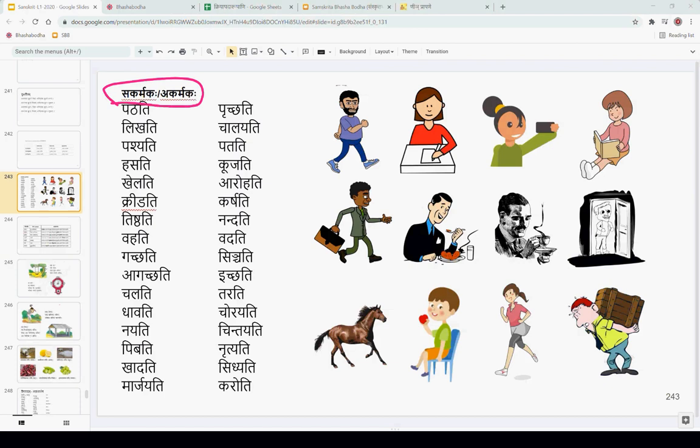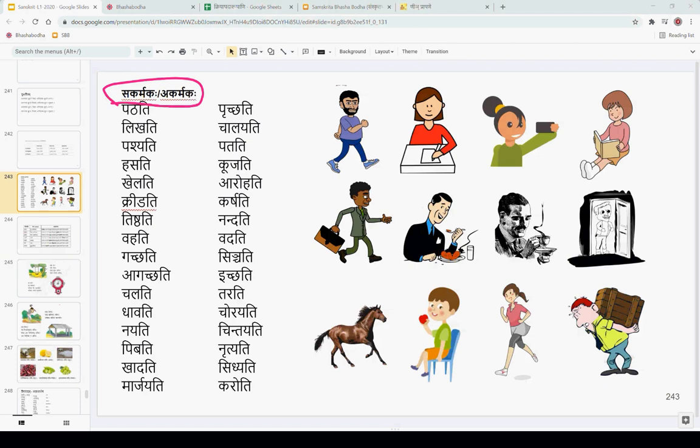Intransitive ones, they do not require it, or the karma padam is not applicable there. In Sanskritam, they are called sakarmaka kriyapadam and akarmaka kriyapadam. Actually, dhatus are akarmaka and sakarmaka, the root words here. So sakarmaka dhatus and akarmaka dhatus.